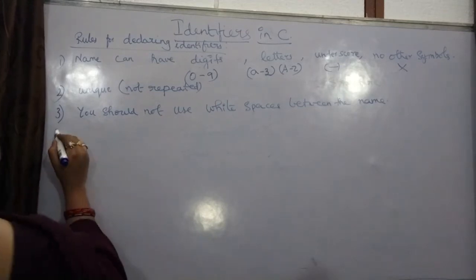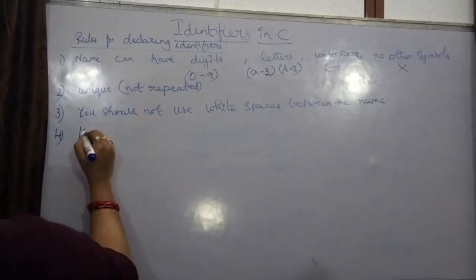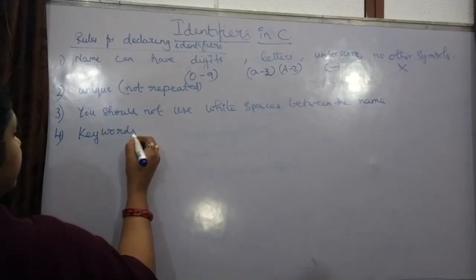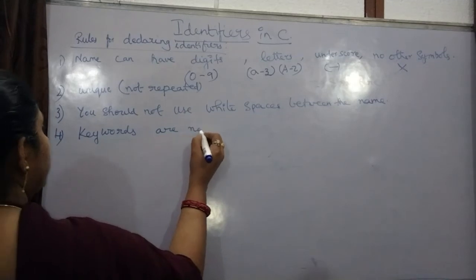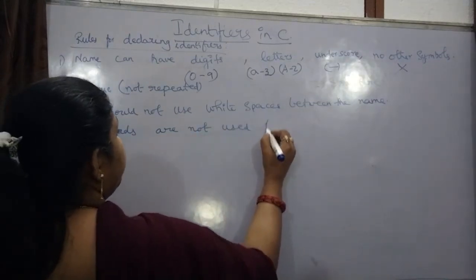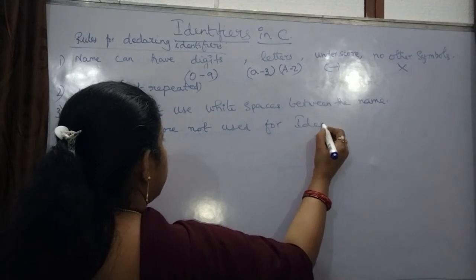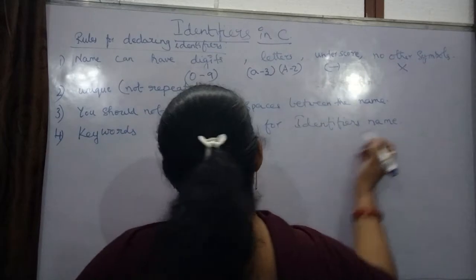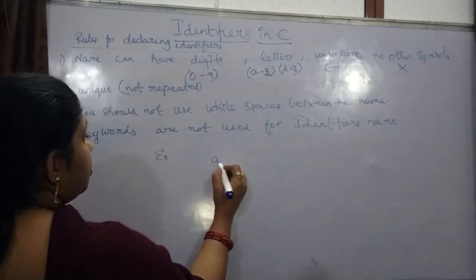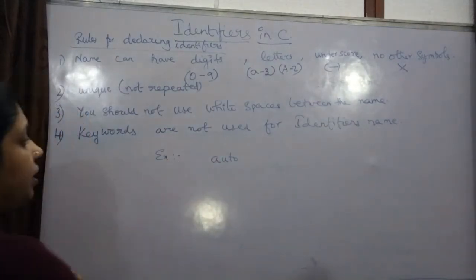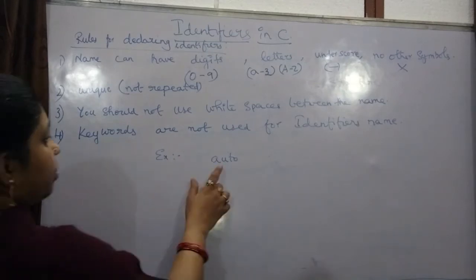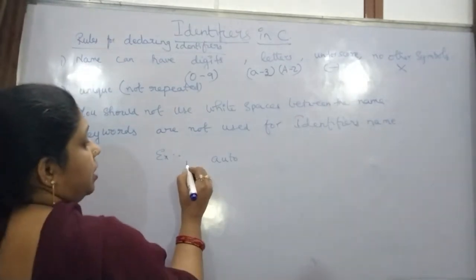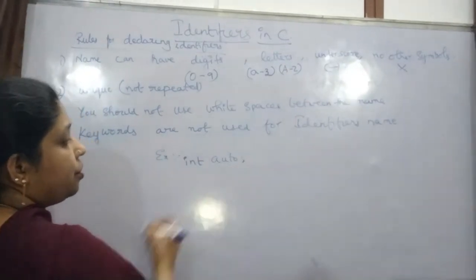Next, the fourth point is keywords are not used as identifier names. For example, auto is a keyword. This keyword you cannot use for an identifier. See, int, can you write auto?